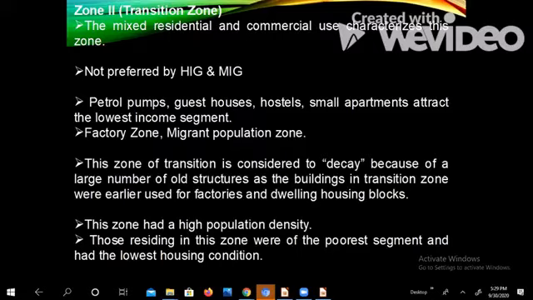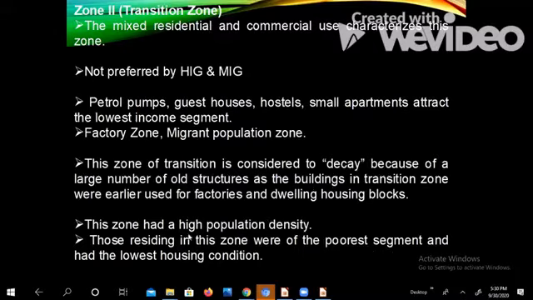Now, this is also a region of decay. Why decay? I have already told you. Once upon a time, this was a thriving area having old structures, but now these structures are no more over there. Or the structures are there, but they are old and dilapidated, and no one is really bothered about making these things into proper dwelling houses.